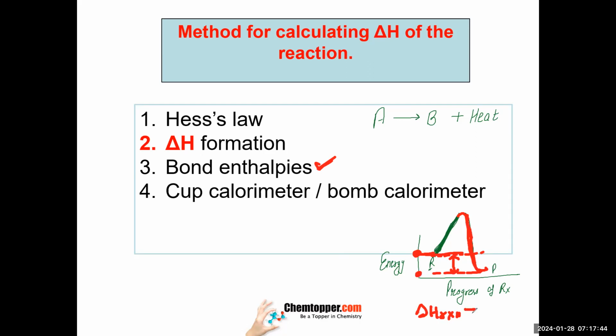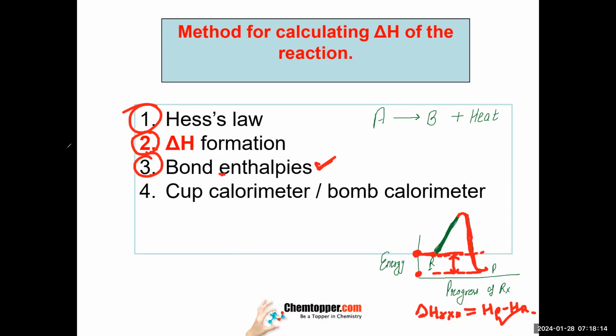So delta H of the reaction is HP minus HR. We are going to use this equation in topic 2. We are going to use bond enthalpies in topic 3. But most interesting is Hess's law.